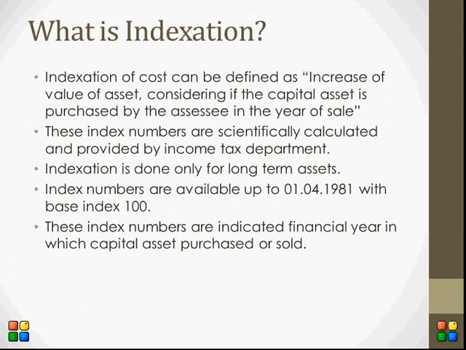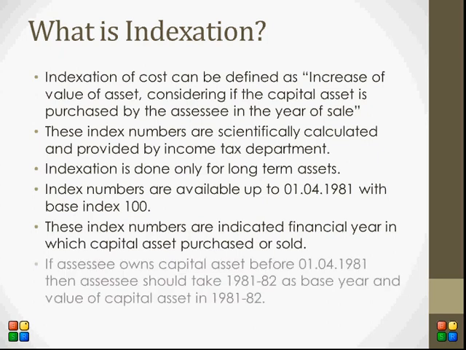If the assessee owns a capital asset before 1/4/1981, then the assessee should take 1981 as the base year and the value of the capital asset in 1981-82. Suppose somebody purchased a home in 1950 or 1960 for a value of rupees 5,000 and sold it in 2014. We have an index number for 2014, but we don't have an index number for 1960.